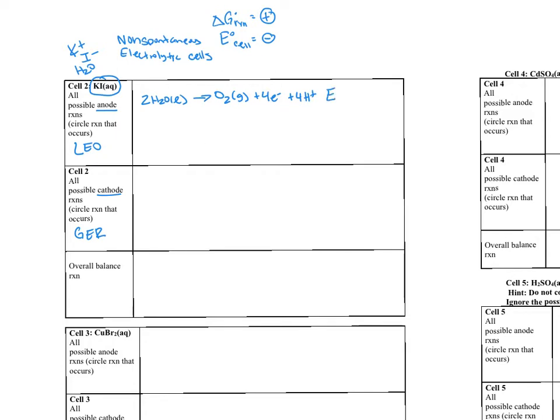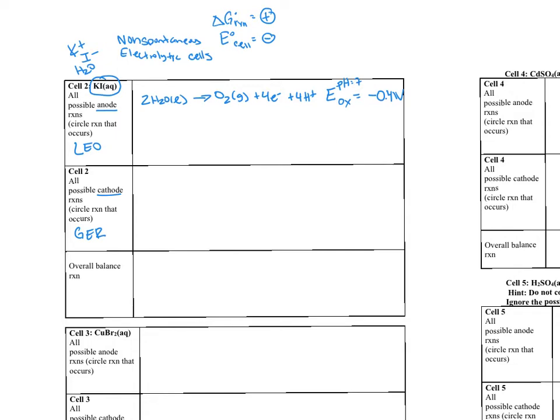And this E for this oxidation is at a pH of 7. This is not the standard value from your table. This is at pH of 7, which is negative 0.41 volts. Okay, so for every single anode, you're going to write down that possible water reaction.